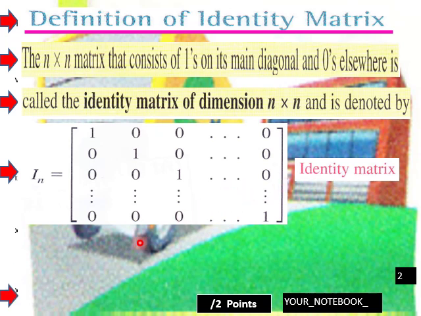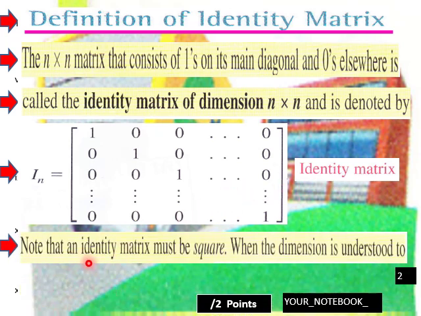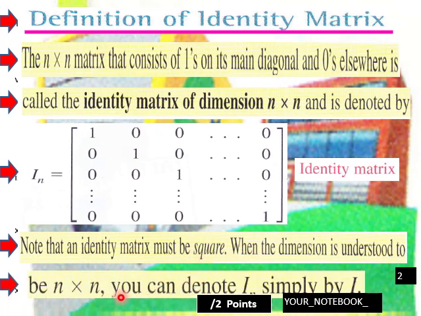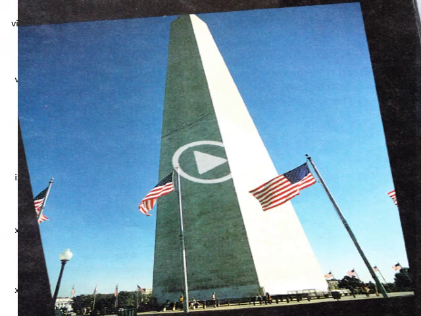This will be called your identity matrix. Note that an identity matrix must be square. When the dimension is understood to be n times n, you can denote I sub n simply by I.